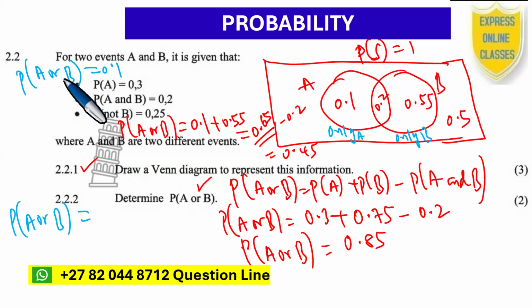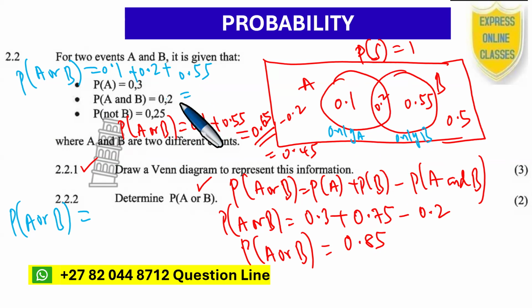A and B. So the probability of A or B would be exactly this. If in mathematics you say A or B, it means only A, which is 0.1, or only B, which is 0.55, or both A and B, the intersection, which is 0.2. So you can just add these, because the probability of A or B is either A or B or both.